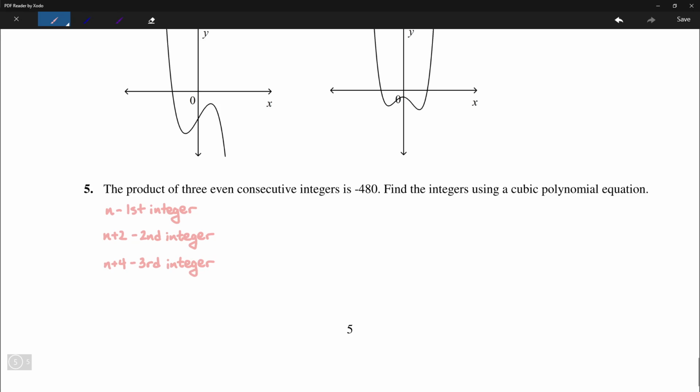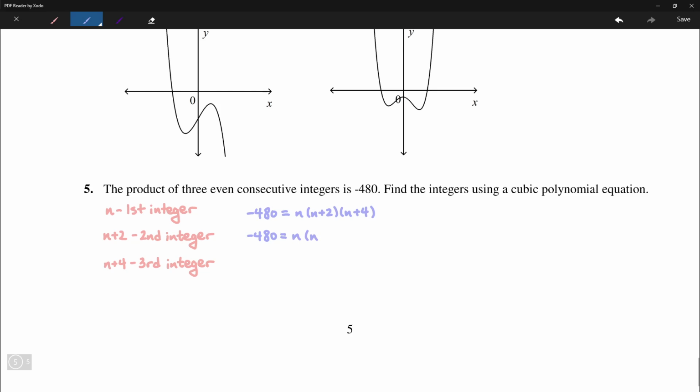Okay, so the next thing that we know is that the product of these 3 integers is negative 480. So that would be the equation negative 480 is equal to n times n plus 2 times n plus 4. So we can multiply this whole thing out.